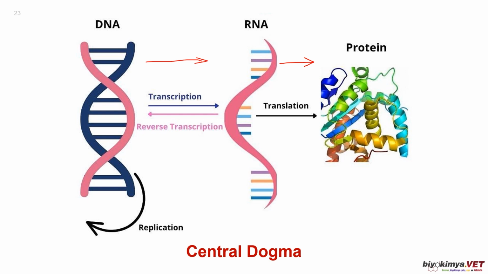This theory was developed in 1958 by Francis Crick, and his version was more global, incorporating the concept that information does not flow from proteins to nucleic acids. It's a unidirectional flow of genetic information.